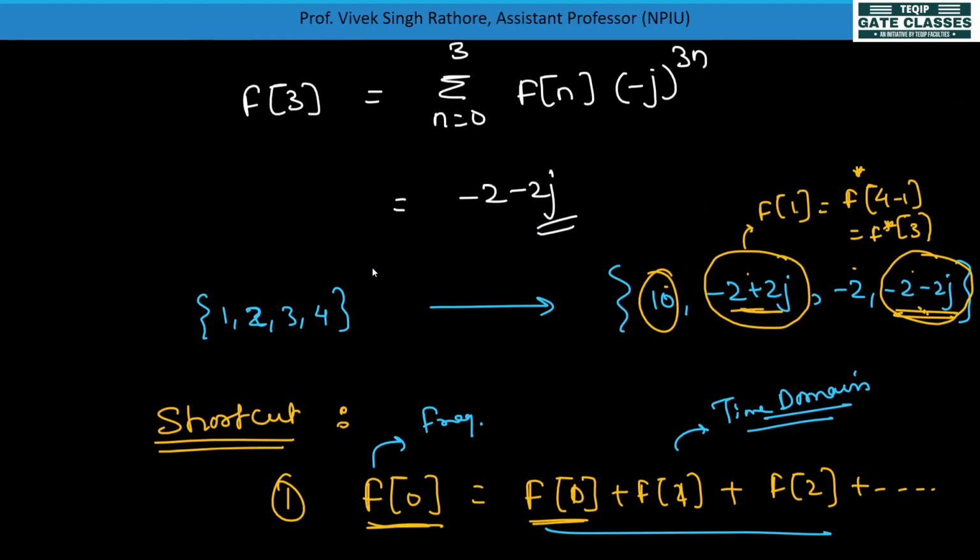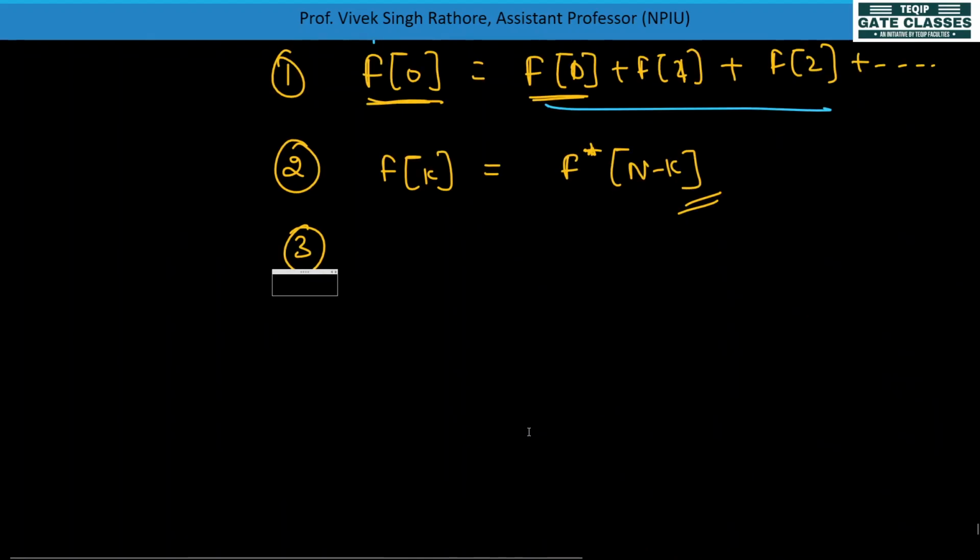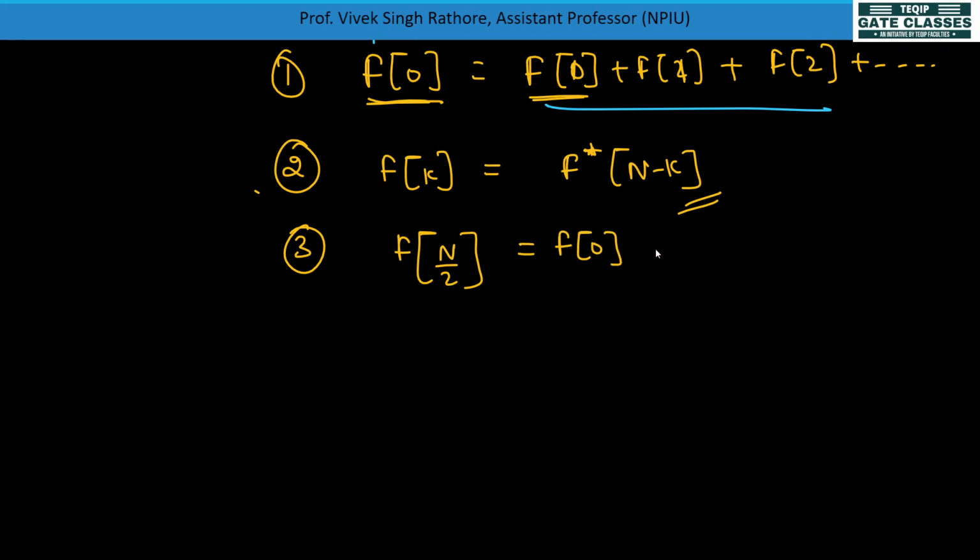The third conclusion we can observe is that f of n by 2 will always be equal to f of 0 minus f of 1 plus f of 2 minus f of 3 and so on.